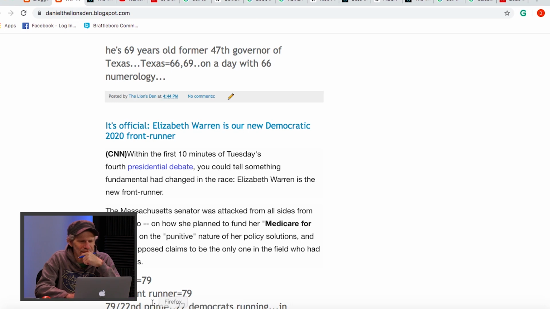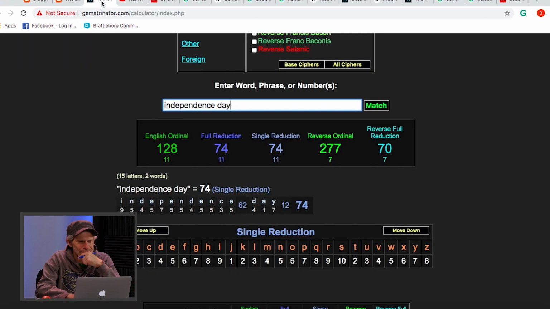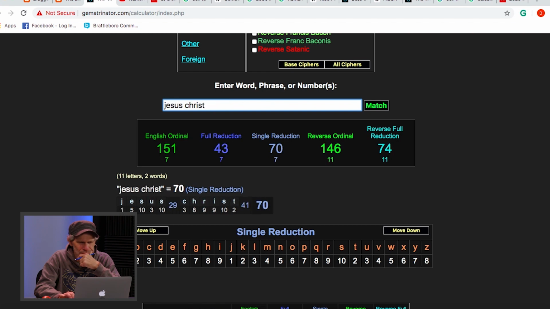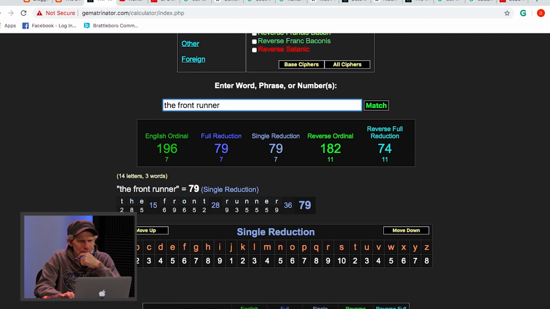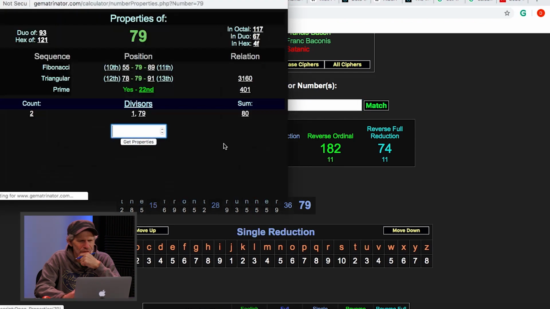So 79 is the 22nd prime. Let's go all the way back. So 79, and you click on it, it's the 22nd prime.